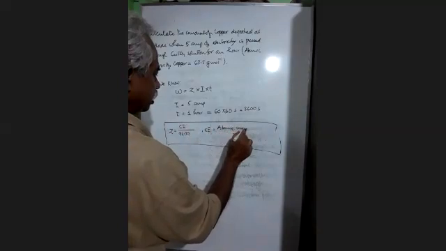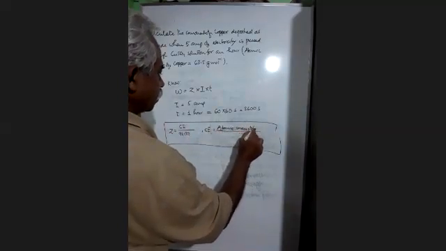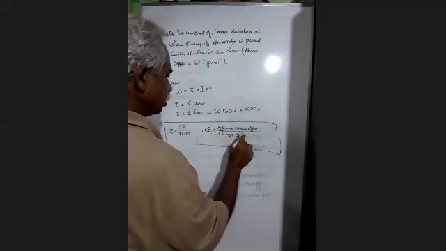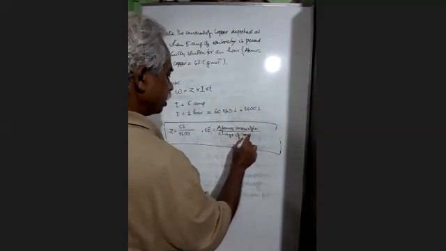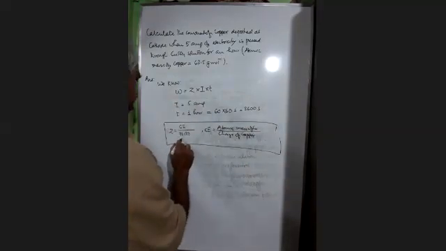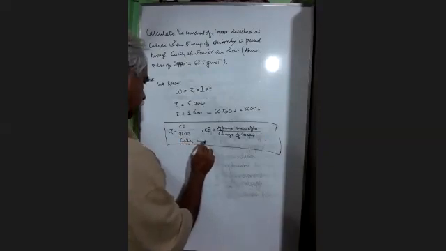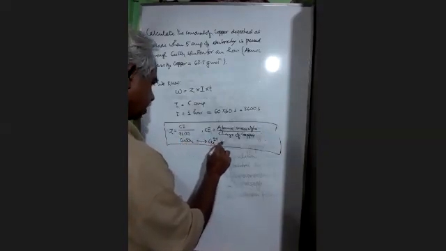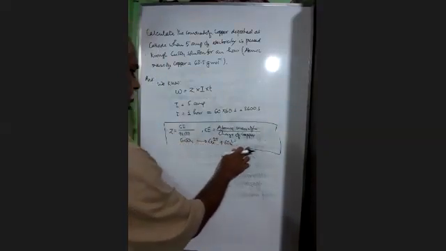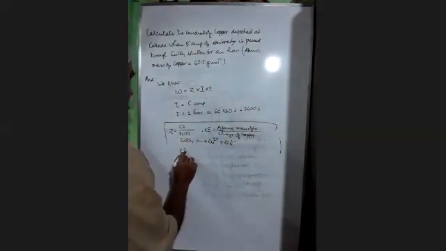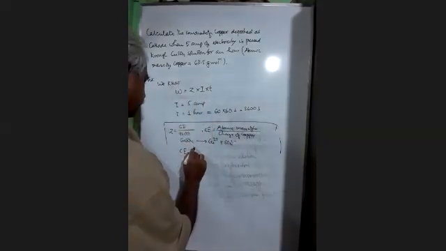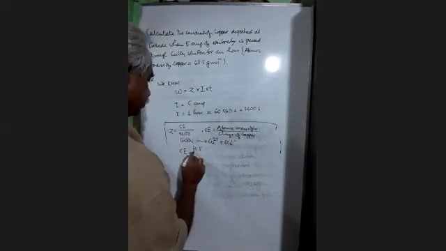Atomic mass of copper, and second is what? Charge of copper. See, what is the charge of copper? CuSO4 dissociates as Cu2 plus and SO4 2 minus. So charge is 2. What is chemical equivalent now? Chemical equivalent is, what is the mass? 63.5 divided by 2.